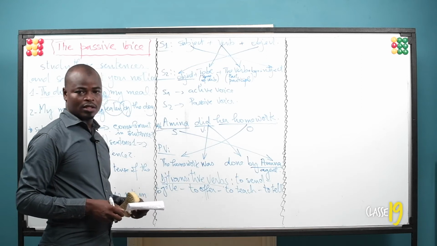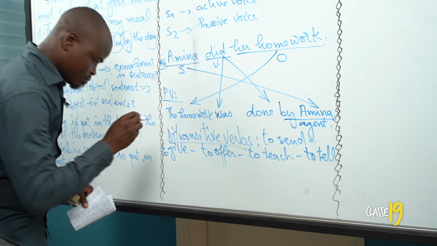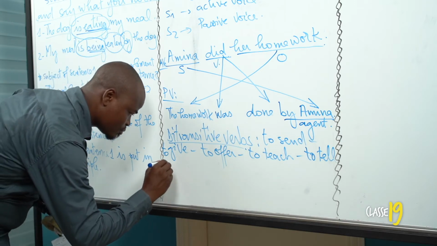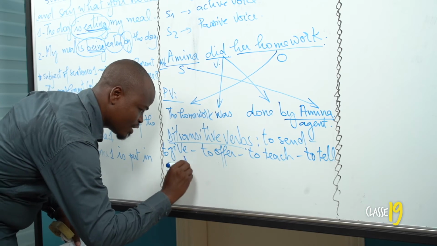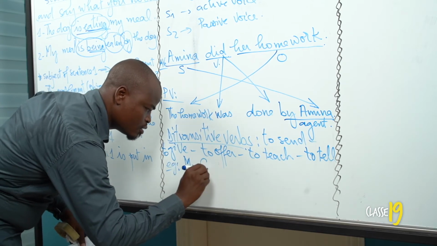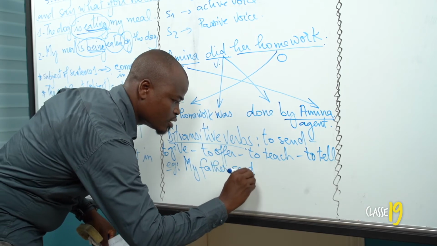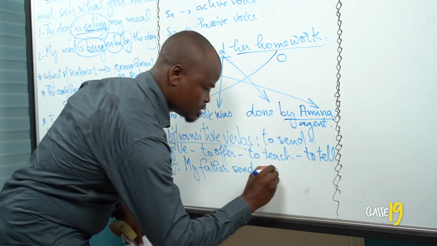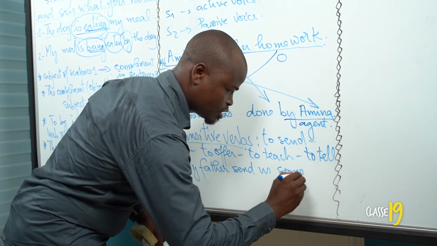Let me give you one sentence with a transitive verb. For example, my father sent us some cakes.